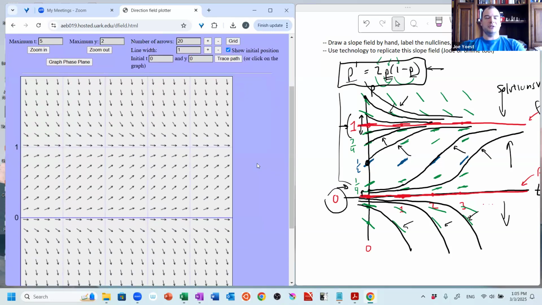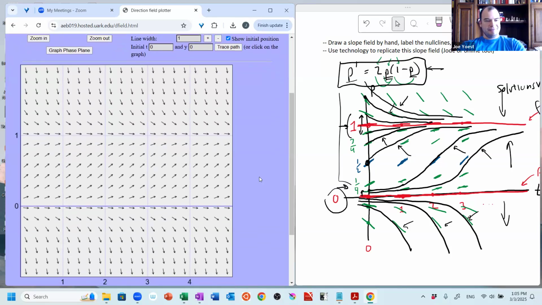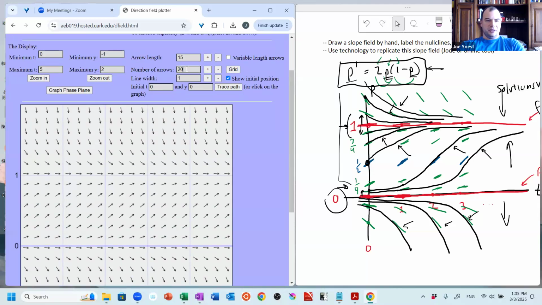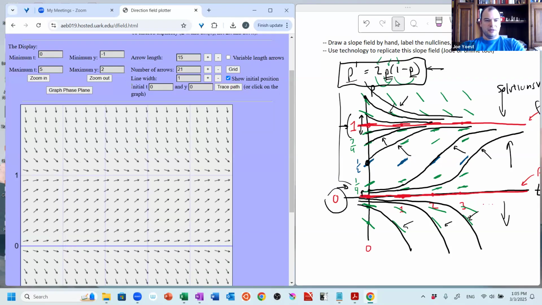These direction fields, slope fields, sometimes they call them phase planes or phase portraits. And I see something very similar to what I see over here. I don't see the exact 0 and 1 equilibrium. Maybe if I change my number of arrows to like 21, will that help? That made it worse. Let's try 19.